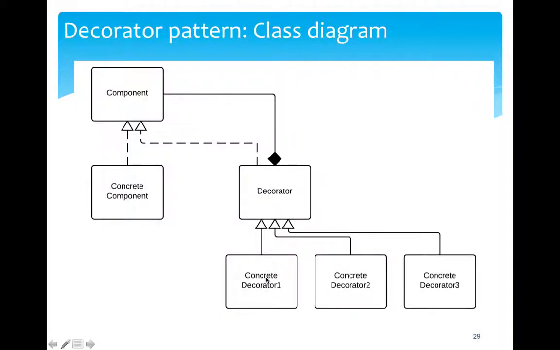The class diagram, the structure of the decorator pattern, looks like this. You have a component which receives more responsibility, and then the concrete component, the actual type based on a specific application. And then we have a decorator which owns the reference to the component.